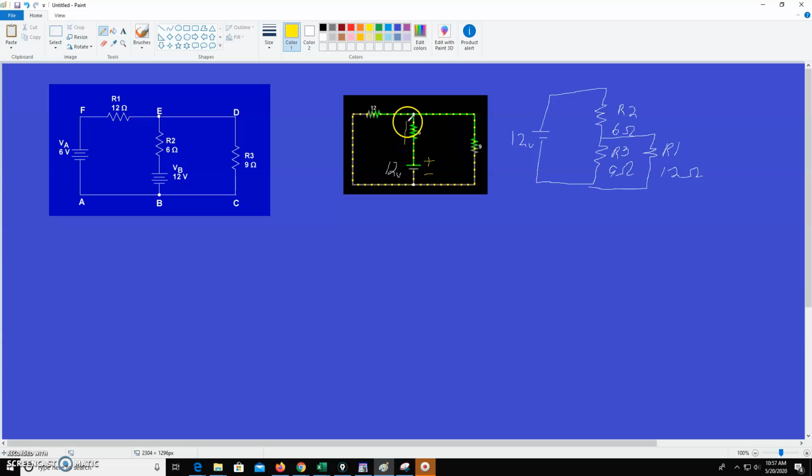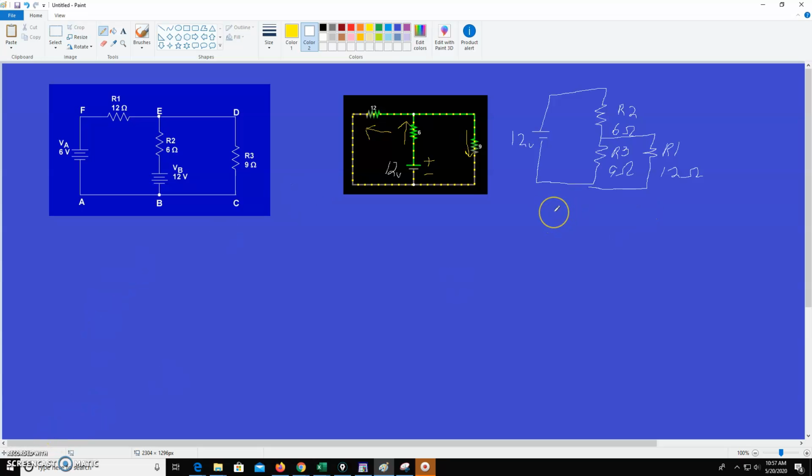But this way, we're saying current's flowing this way, that way, and this way. Now it doesn't matter if we're wrong with this because I'll show you in just a moment. But we're going to go ahead and solve this first circuit here real quick, and then we're going to redo it for the second part. So let's do that.